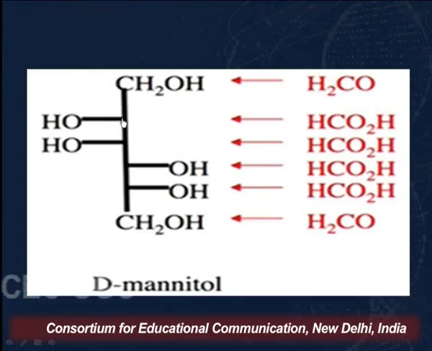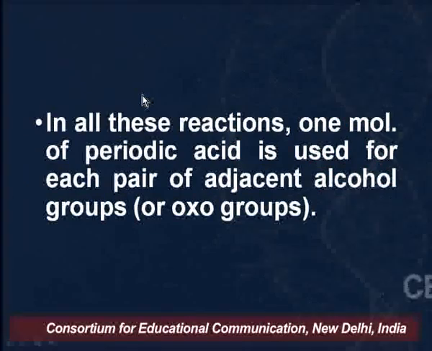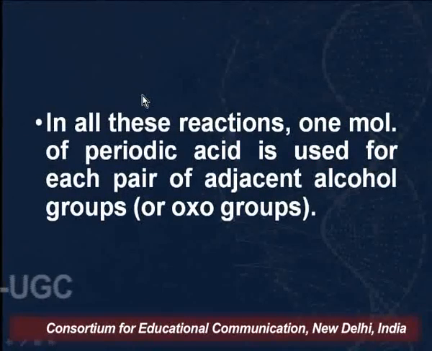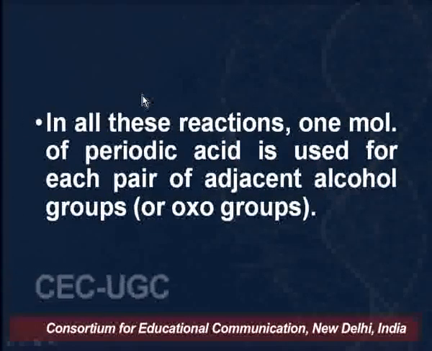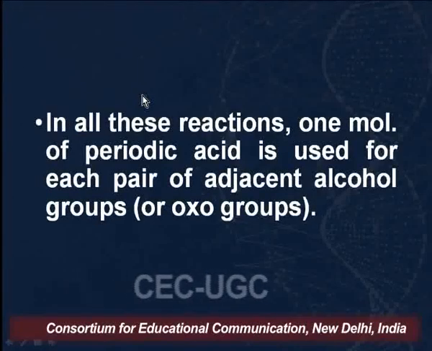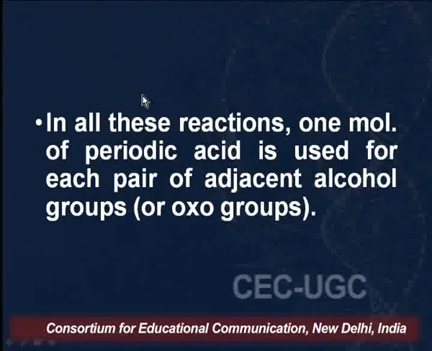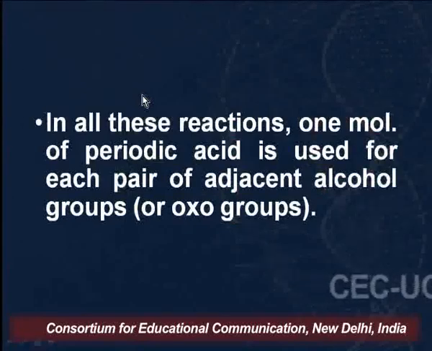If the alcoholic group is secondary, as in this case, we will get formic acid. If we have a carbonyl group which is ketonic, it will be oxidized to carbon dioxide, and if it is an aldehyde group, it will again be oxidized to formic acid. So in all these reactions, 1 mole of periodic acid is used for each pair of adjacent alcohol groups or oxo groups.